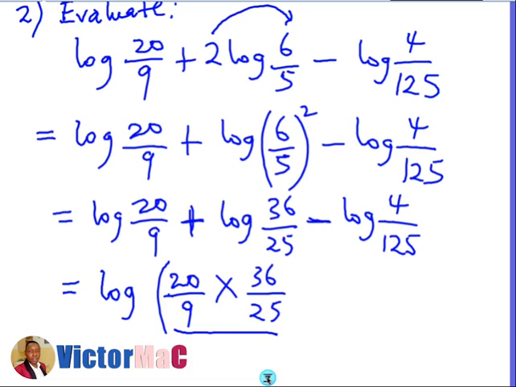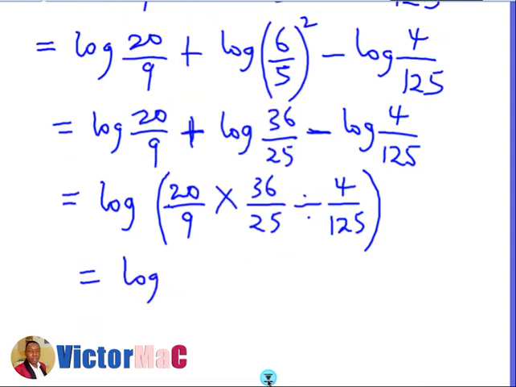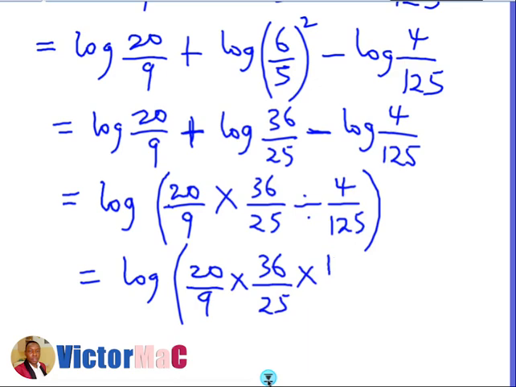But instead of using this sign, I would prefer to use this division notation or symbol, for the 4 over 125, so that I can easily change the sign now. So we have log 20 over 9 times 36 over 25. Division changes to times, then there will be a swap. 125 becomes the numerator, and then 4 becomes the denominator.